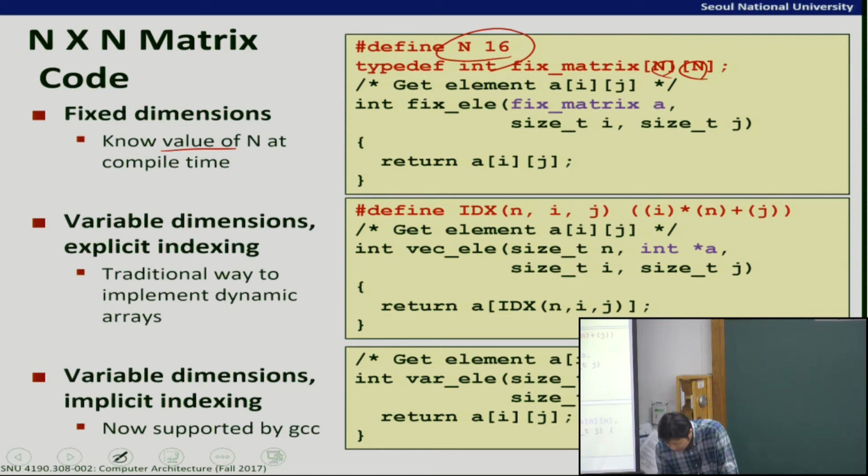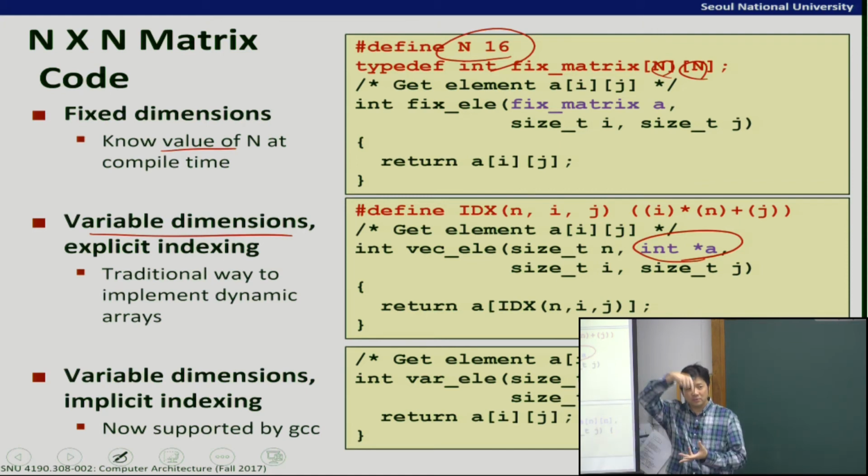Okay, what about this case? Variable dimensions. In this case, you only pass a pointer of integer. Then you don't really know the dimension of this array, right? It simply points to the starting address, but it doesn't give you any information about the size of the array.